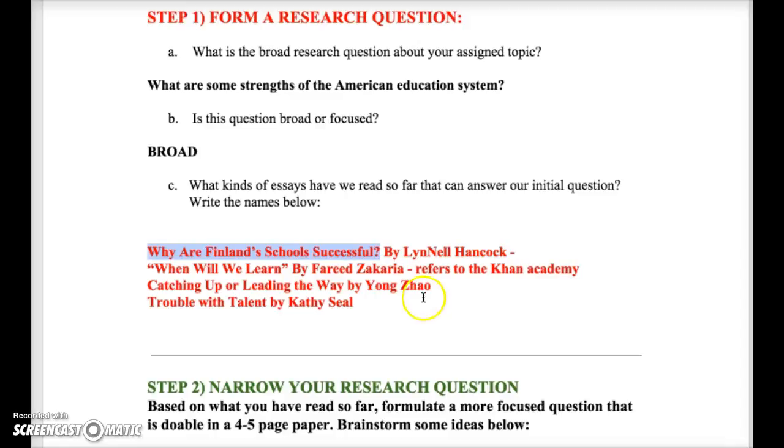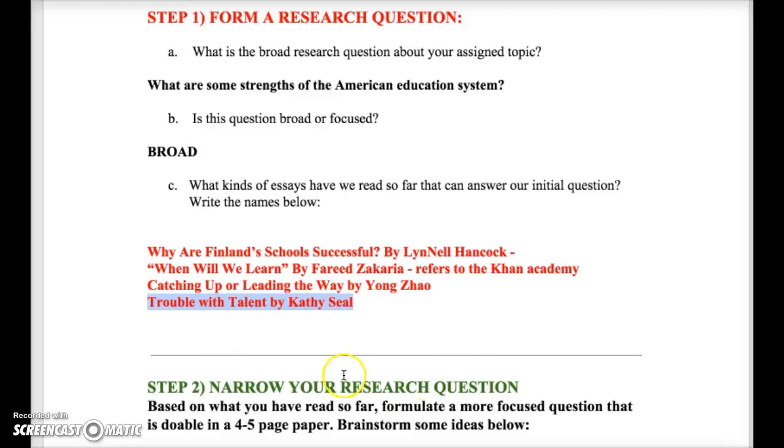And I think I'm going to probably use some information from The Trouble with Talent by Kathy Seal, because I'll want to use a counter argument. And she criticizes the American mindset and the mindset we have towards intelligence, right? But Yang Zhao actually flips what she says on its head. So I'm probably going to refer to her ideas as my counter argument.